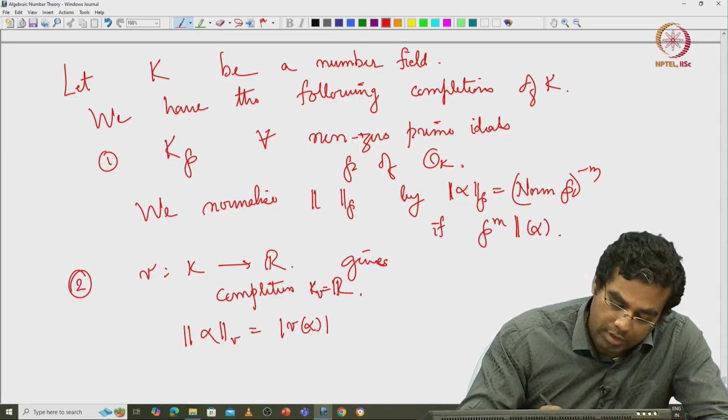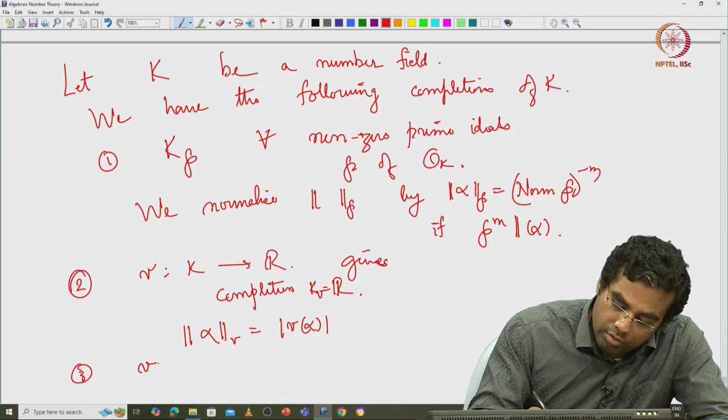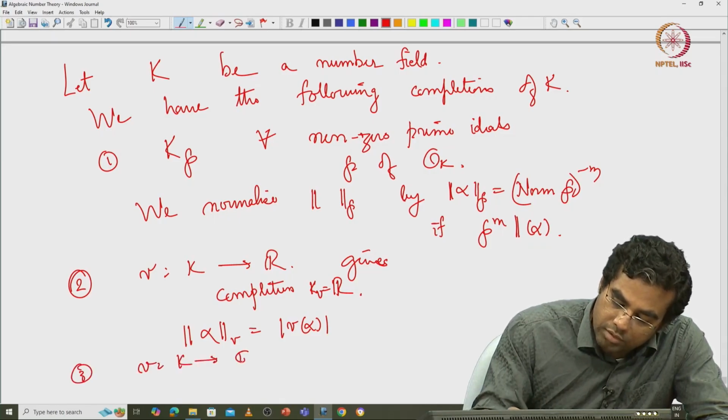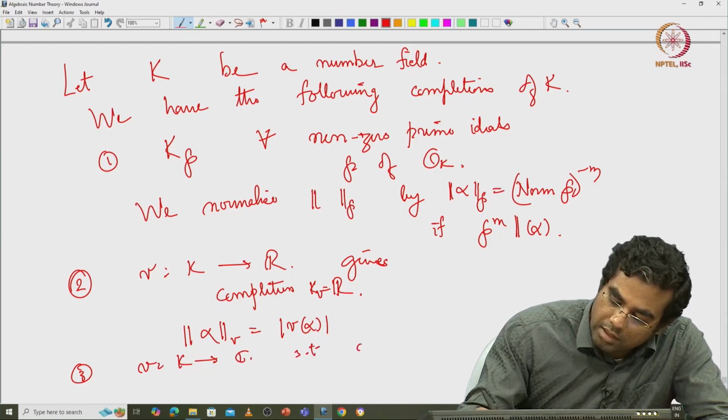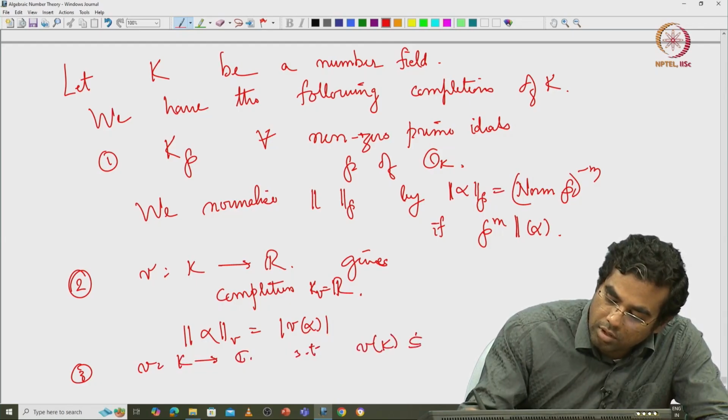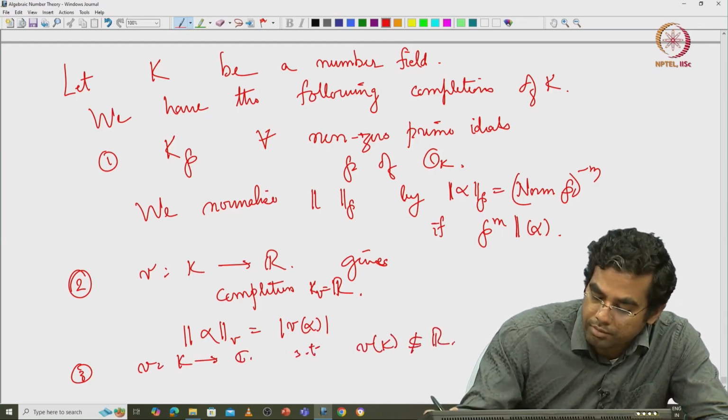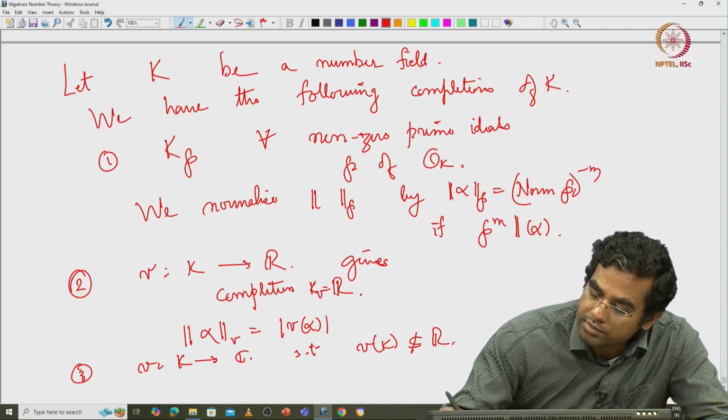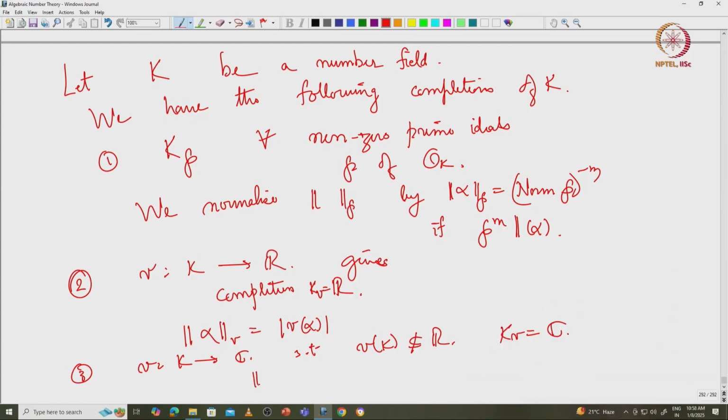So, that is how I normalize this, or you take V from k to c such that V of k is not contained in R. This gives completion C, and how do I normalize this? So, this is normalized by taking mod of V alpha and squaring it, right?